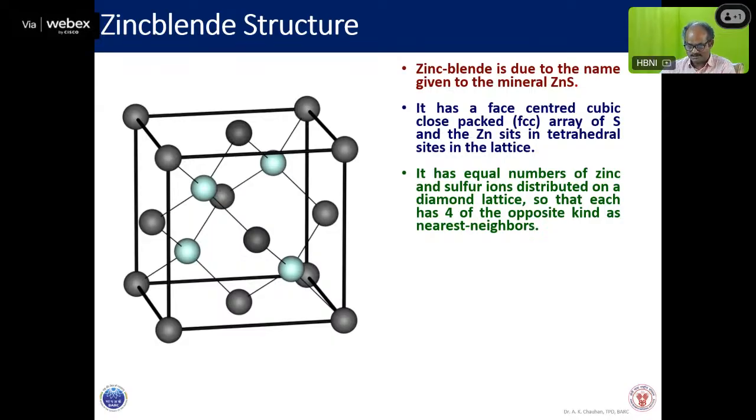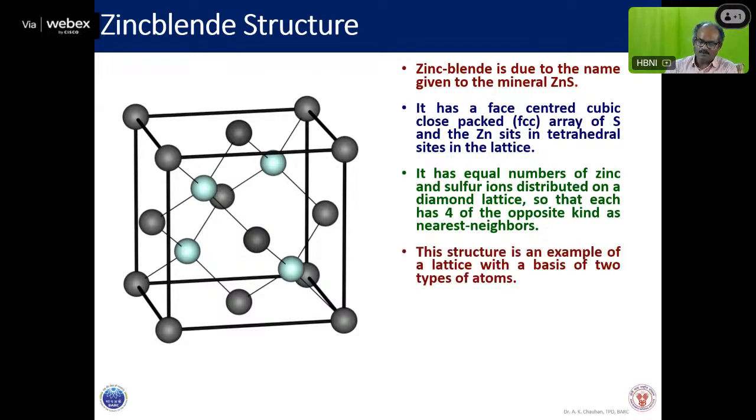Now you bring that structure of arsenic and insert the FCC arsenic in the FCC structure of gallium. This will form the zinc blende structure of gallium arsenide.